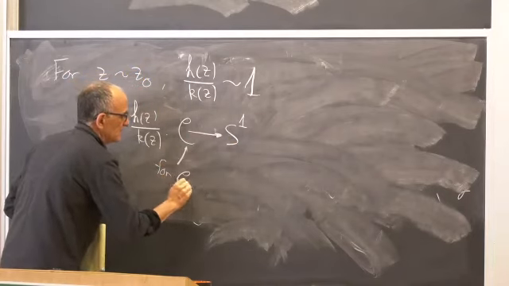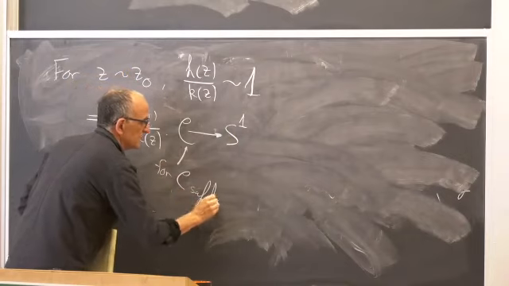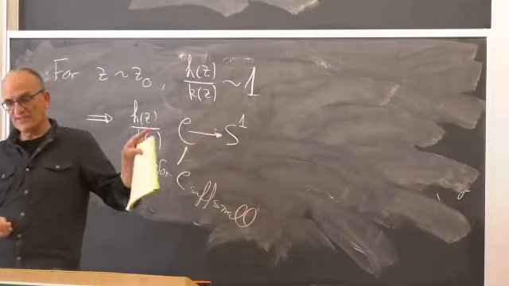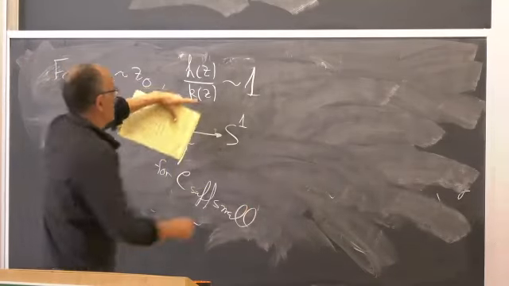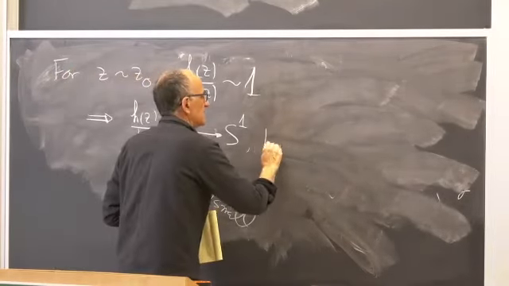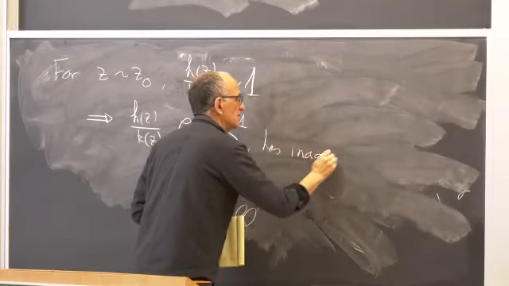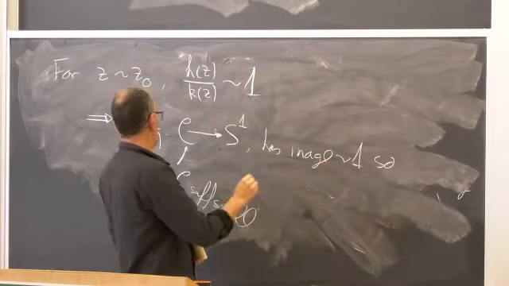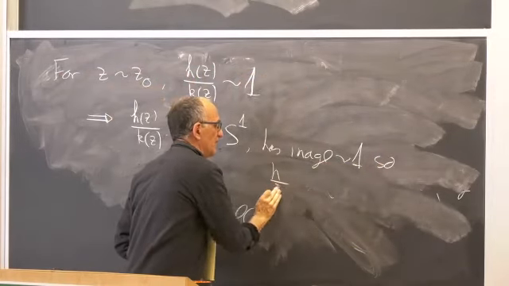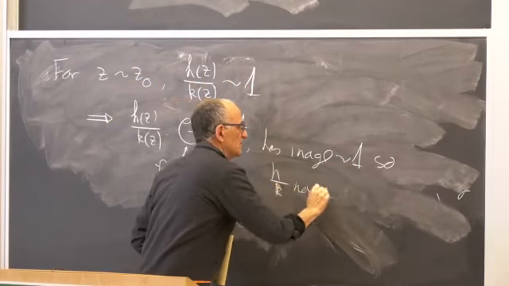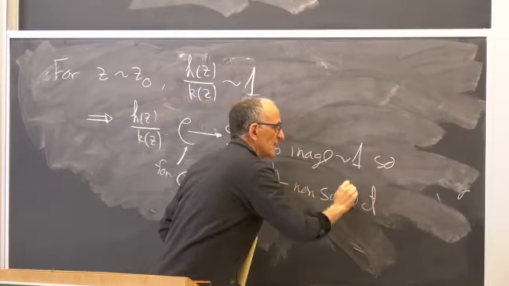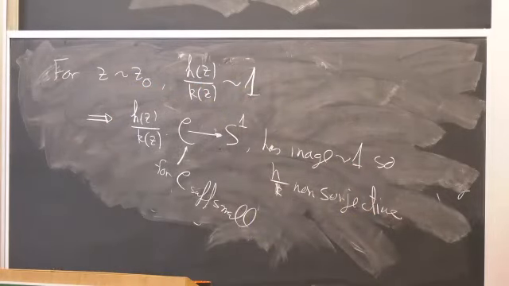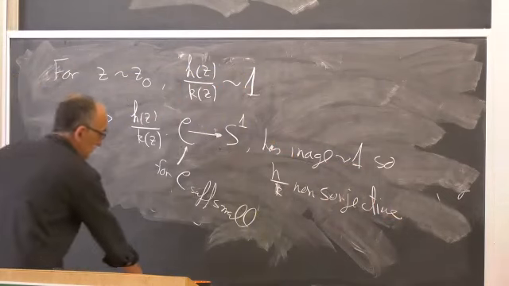For c sufficiently small, it has image close to 1, so in particular it is non-surjective. So h over k is non-surjective. But then the winding number of a non-surjective function is 0.